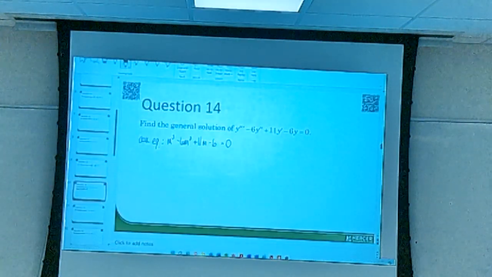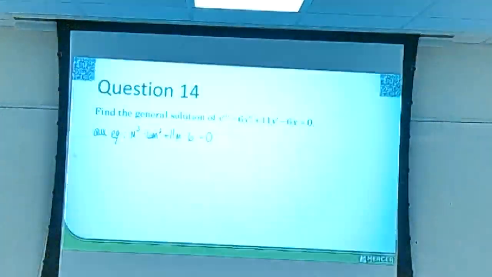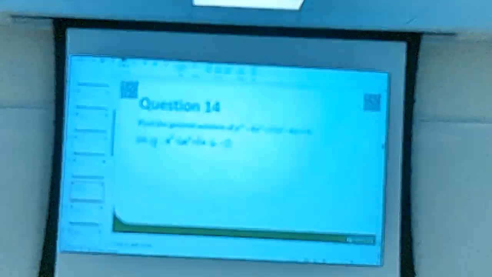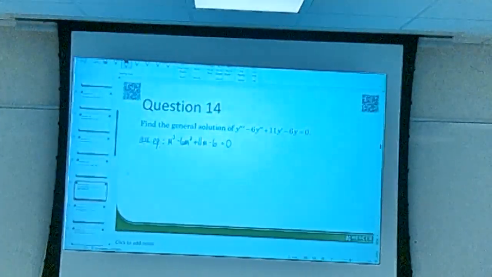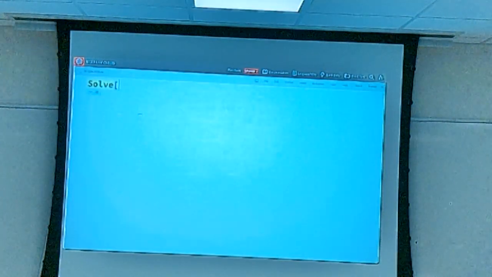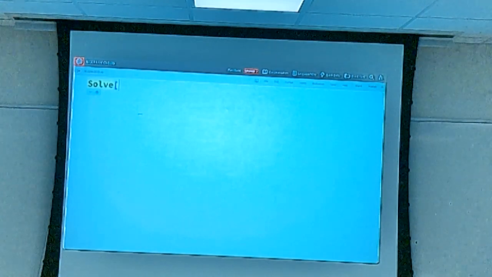Is there a way to do this with Wolfram? Solve. Now you just type in the equation.